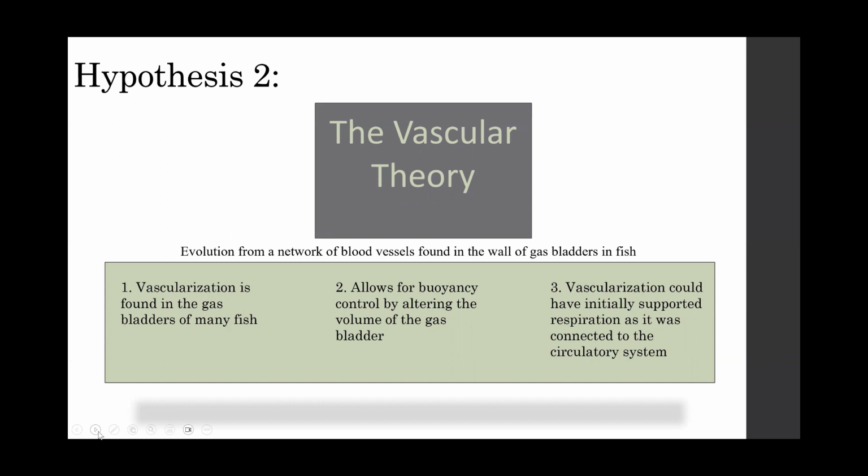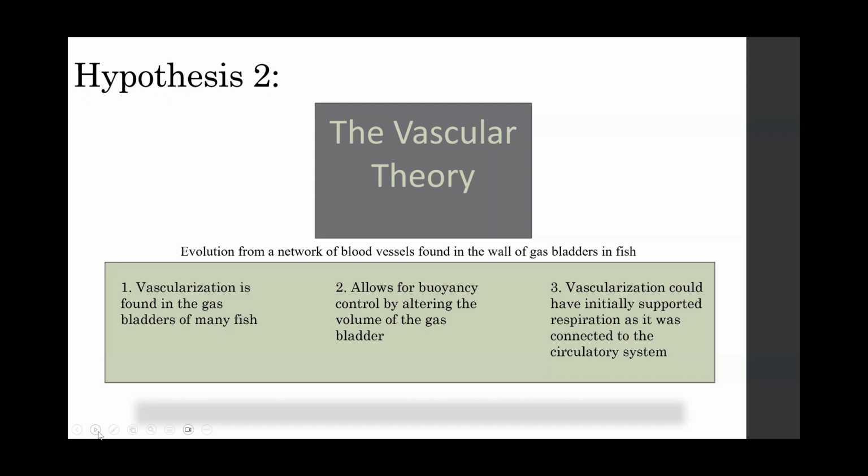So the first piece of research that we found mentions that they believe that the vascularization found in gas bladders in many fish is connected to the circulatory system. It allows for internal respiration, or gas exchange, to occur, and it is found in many fish, this type of vascularization in the gas bladder.